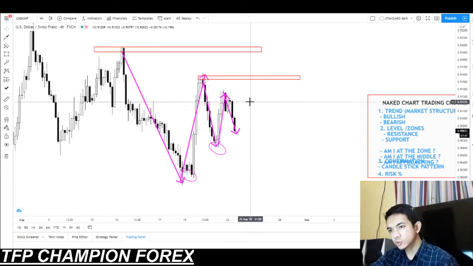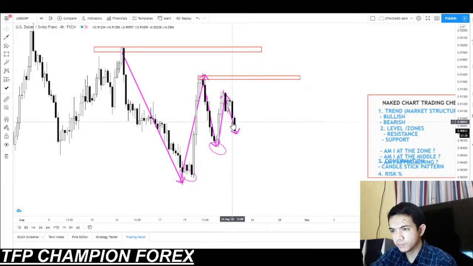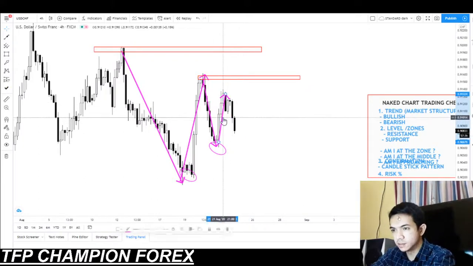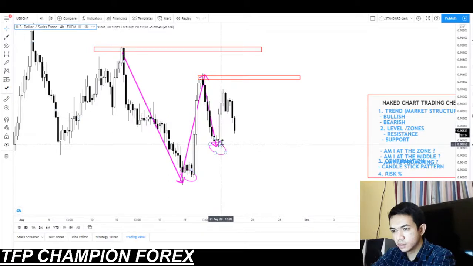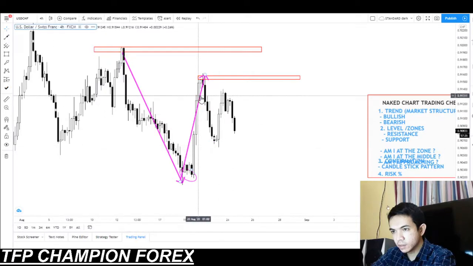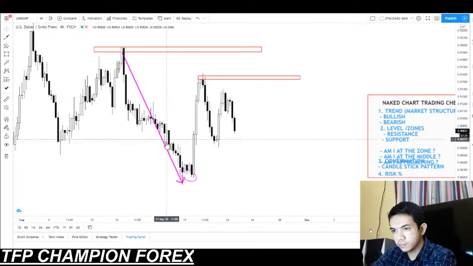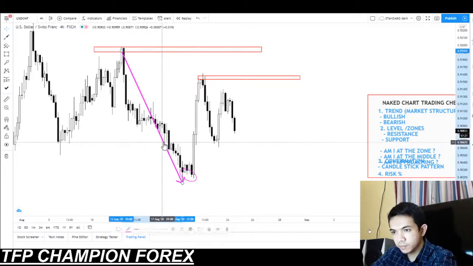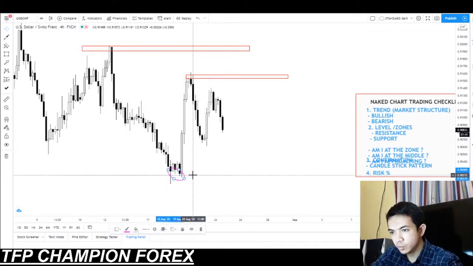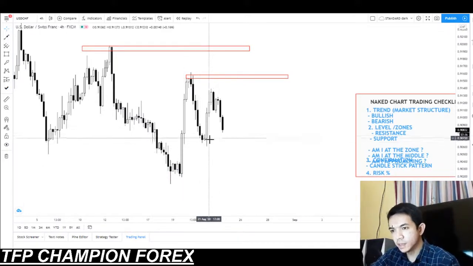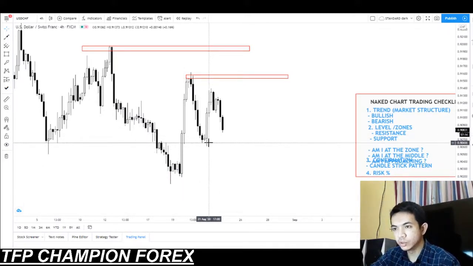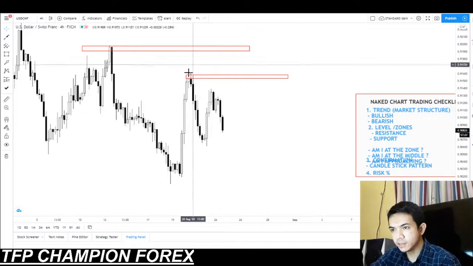So we have two levels here. I will just delete these arrows. At this point, we know that the price formed a higher low, which means the price can move higher than this level.